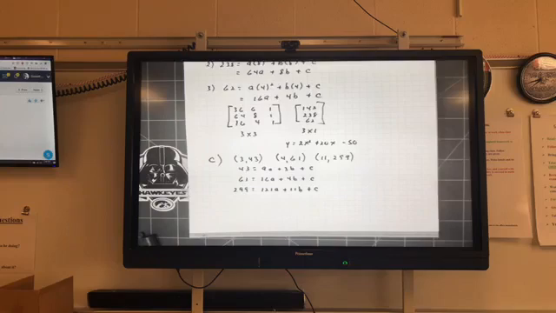Then I'm going to put in 9, 3, 1, 16, 4, 1, 121, 11, and 1. With the inverse of that, and then I want a 3 by 1.